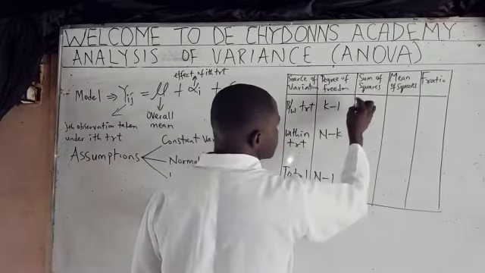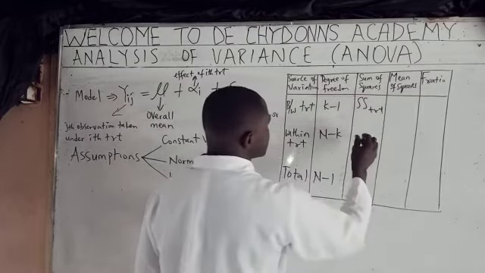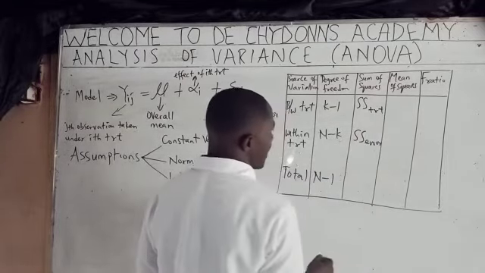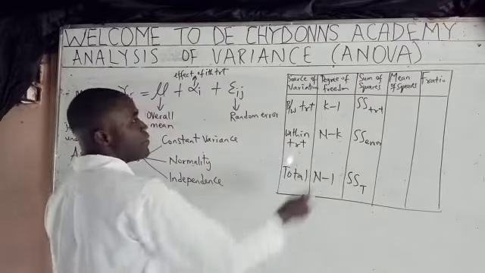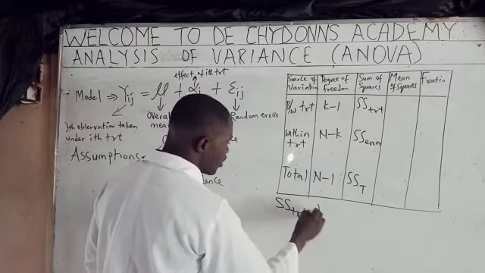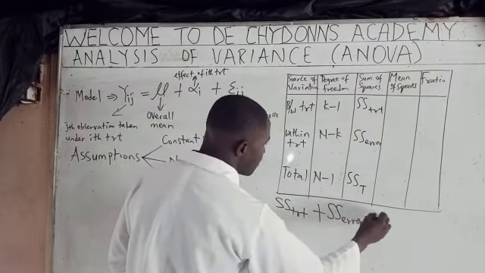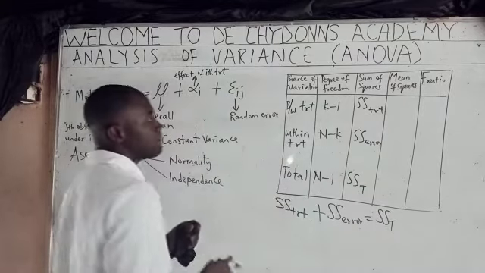Sum of squares, we will be having sum of squares of the treatment, sum of squares of the error, then sum of squares of the total. That means that sum of squares of the treatment plus sum of squares of the error will be giving you sum of squares of total. That is what we have here. Okay?